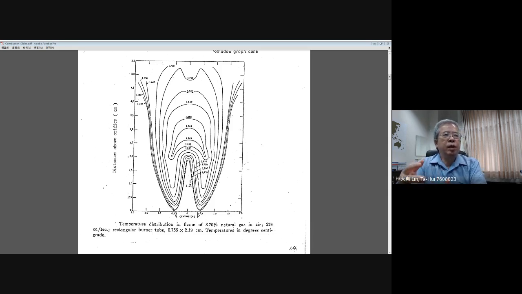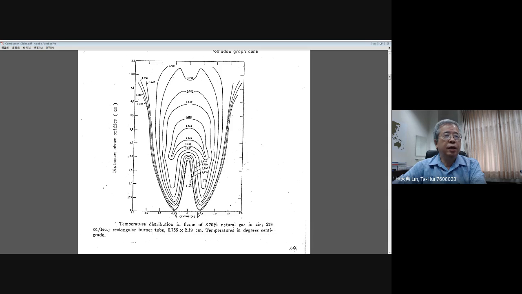They need to complete their recombination to water and carbon dioxide later, which means the maximum temperature will be achieved after they pass through the visible zone. The location of maximum temperature should be a little bit farther compared with the location of the luminous zone.